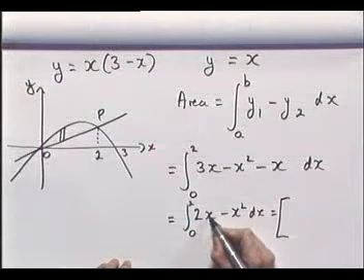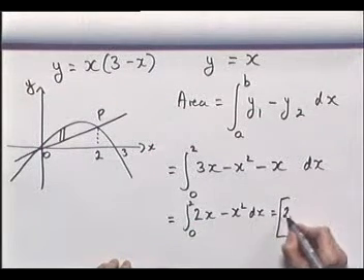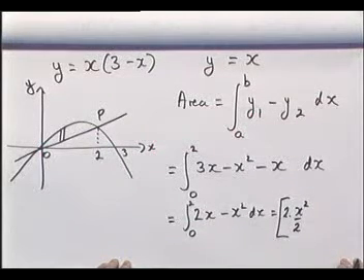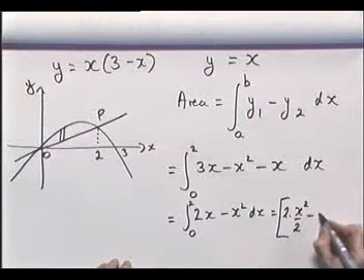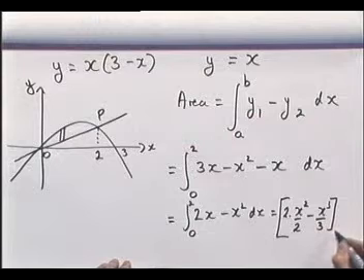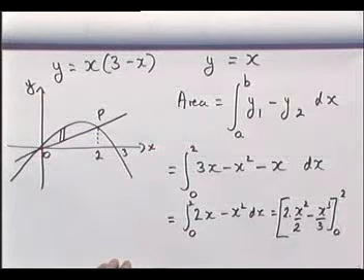So let's carry out this integration. The integral of x is x squared over 2, so that's 2 times x squared over 2. The integral of x squared is x cubed over 3, between 0 and 2.